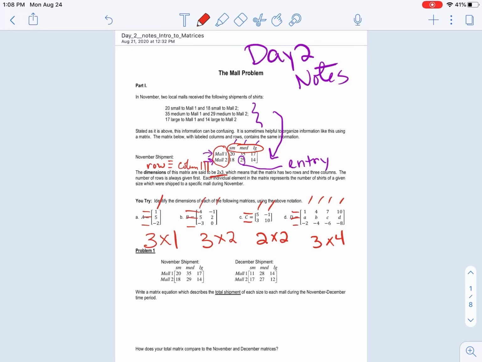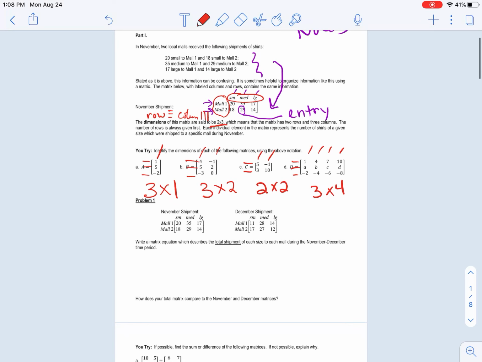Now, problem number 1 down here says, write a matrix equation to describe the total shipment of each size to each mall during the month of the November-December time period. So what it's asking you to do here is to add the 2 together. So we've got Mall 1, Mall 2.